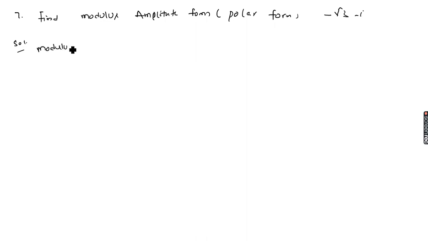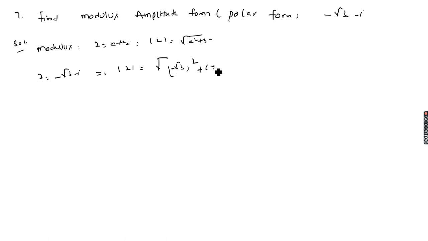Modulus first. If z equal to a plus bi, mod z equal to root of a square plus b square. So z equal to minus root 3 minus i. From that, mod z equal to root of (minus root 3) whole square plus (minus 1) whole square.